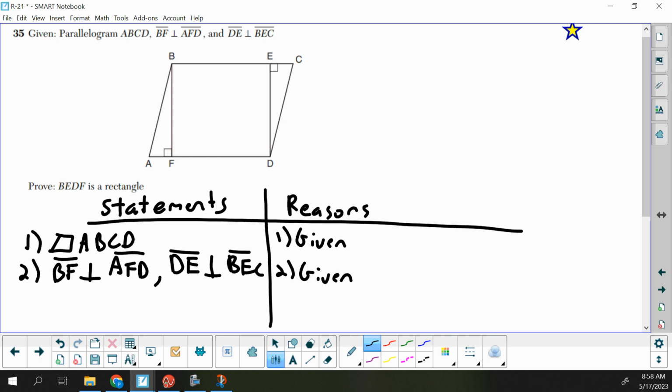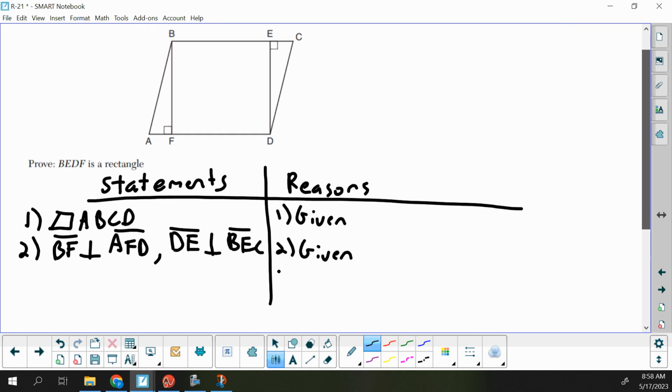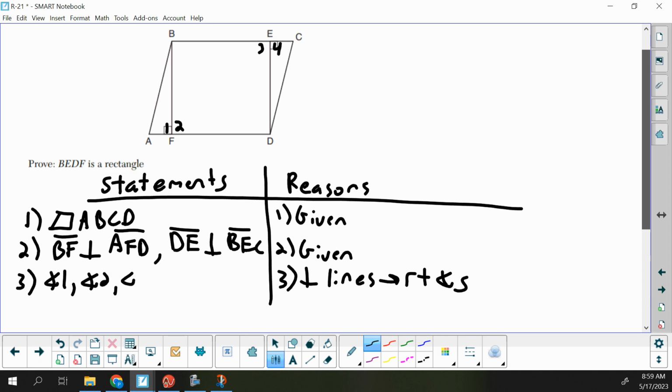Now note, even though they have the box drawn in there, we've still got to talk about that in our proof. So let's maybe start with the perpendicular lines. We'll do perpendicular lines implies right angles. I'm going to number all of them so they're easier to talk about. We're pointing at right angles, so we'll just say that they're right. Angle 1, angle 2, angle 3, angle 4 are right.